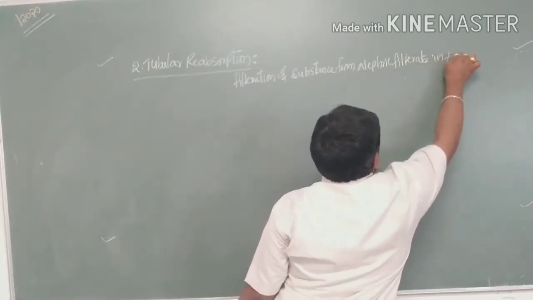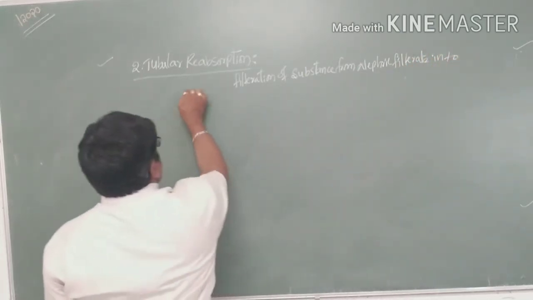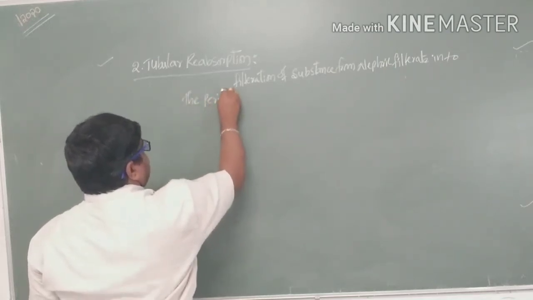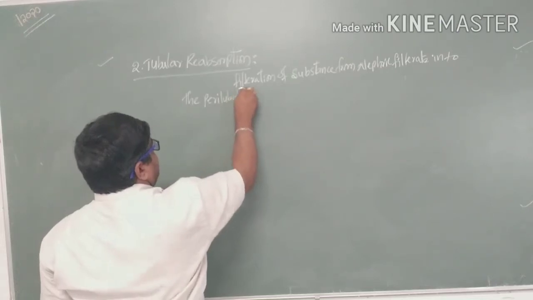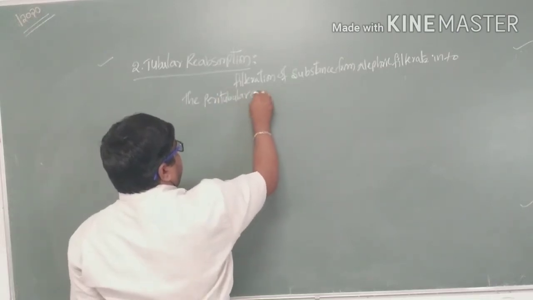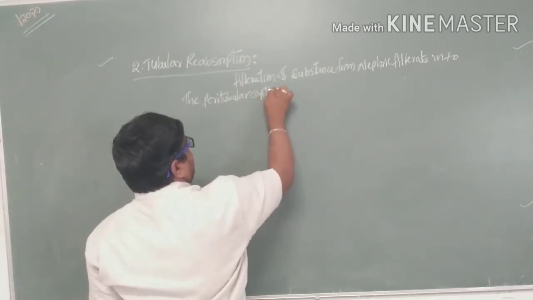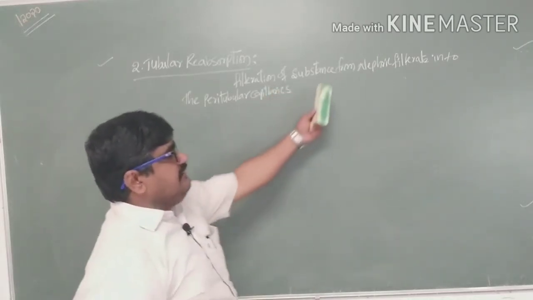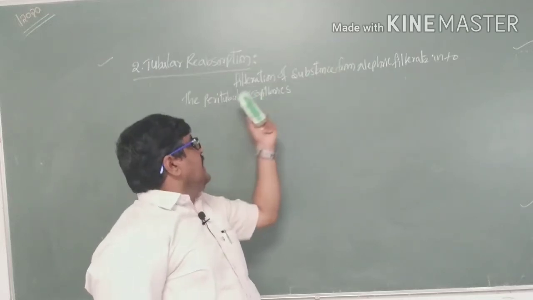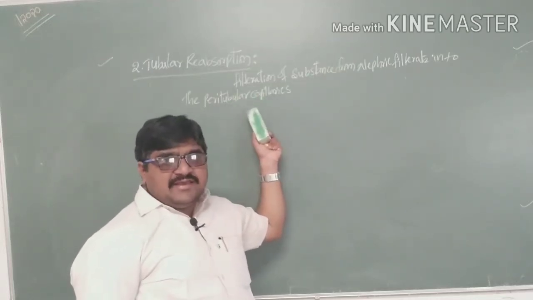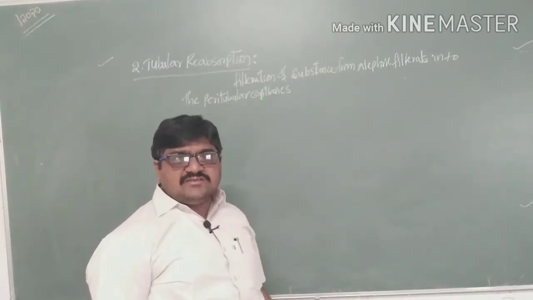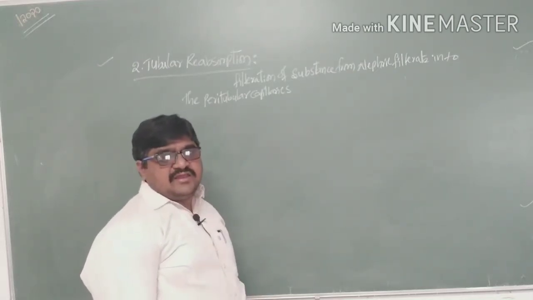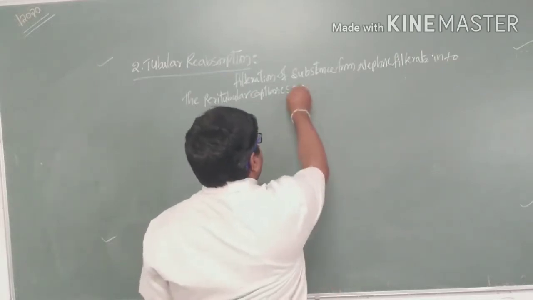into the peritubular capillaries. So the filtration of substances from the nephric filtrate into the peritubular capillaries is called tubular reabsorption, and this tubular reabsorption is a selective process.